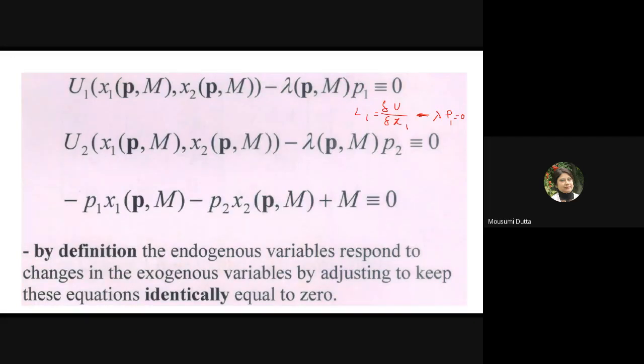Now instead of u, we are considering u star, the value function, which is a function of P1, P2, and M. So the way we have presented, this P is the P vector, the set of P1 and P2. This is a vector.